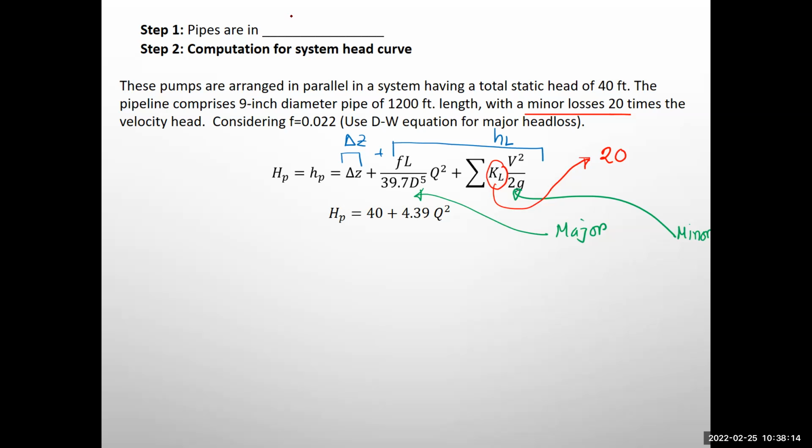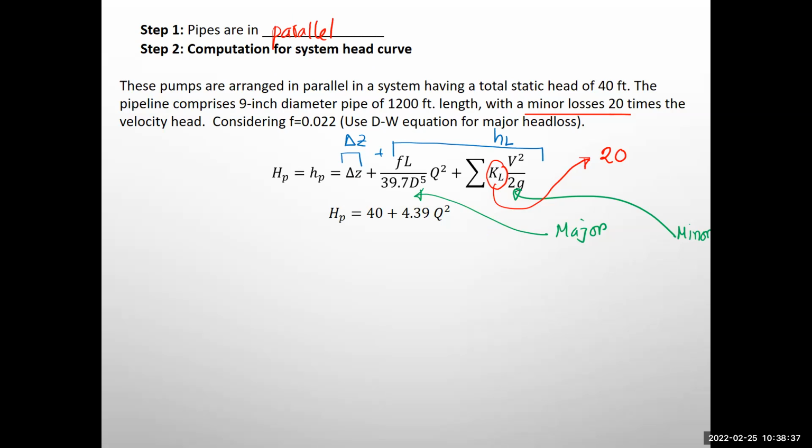Step 1, pipes are connected in what? Okay, that is a very important step, to identify the connection type. Okay, computation for system head curve. Once you have the curve, you can assume all the values and plot that, right?